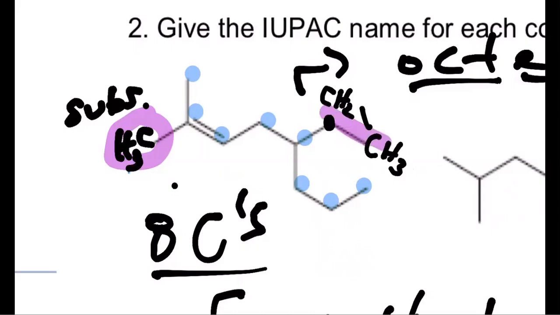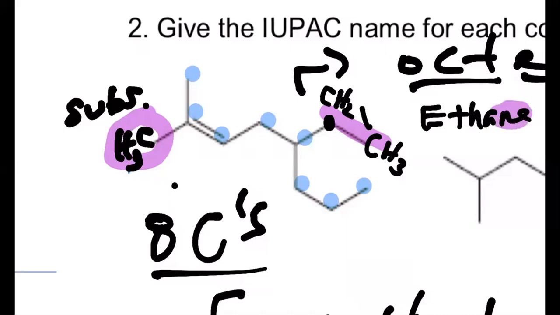All right. And so that group, that CH2, CH3, that's a 2 carbon chain attached to your longest chain. Under normal circumstances, we would call that ethane. But because it's attached to the chain as a substituent, we're going to change the suffix.